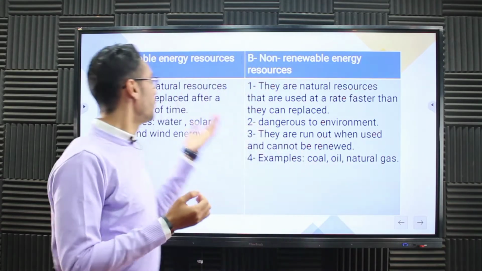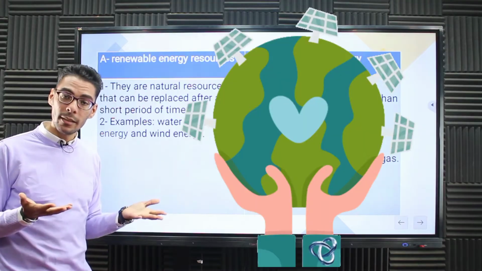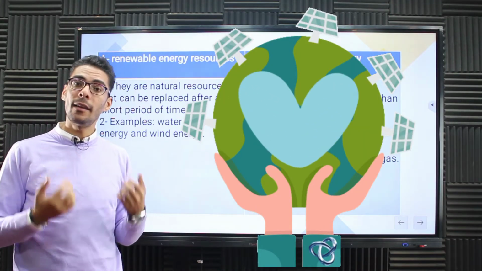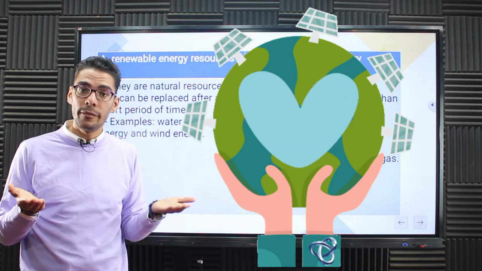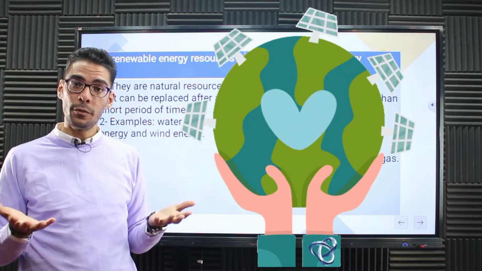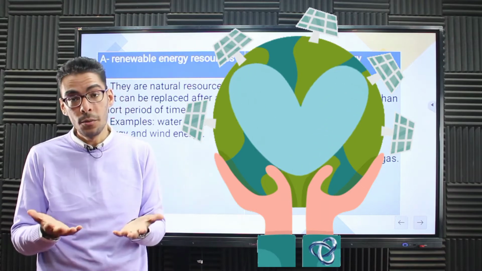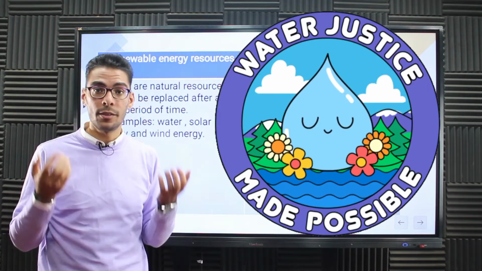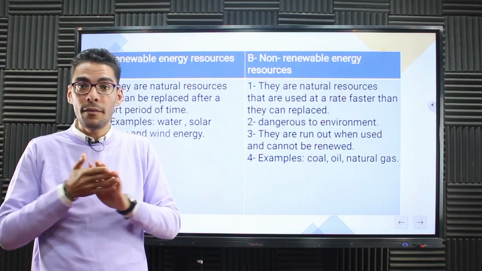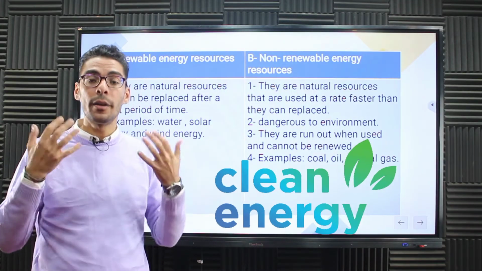For example, the renewable sources are clean. They are useful for us and our environment, such as the sun. It's useful for you and the environment, and no waste or harm is produced by the sun to you. Maybe the wind also is a renewable source, maybe the water is a renewable source, but they don't have any harmful effect on our environment.